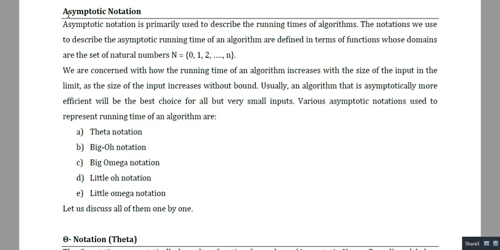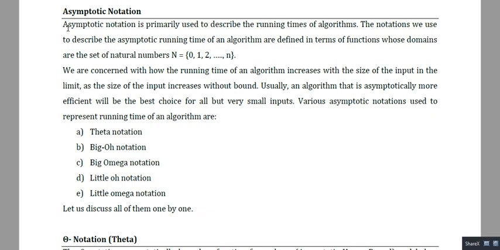These asymptotic notations are primarily used to describe the running times of an algorithm, and in asymptotic notation, we describe the running time of an algorithm in terms of certain functions, and those functions acquire some limiting value when the input size or the input parameter approaches a certain value, or we can say it approaches infinity. Okay, so just remember, asymptotic notations are used to describe the running time of an algorithm.